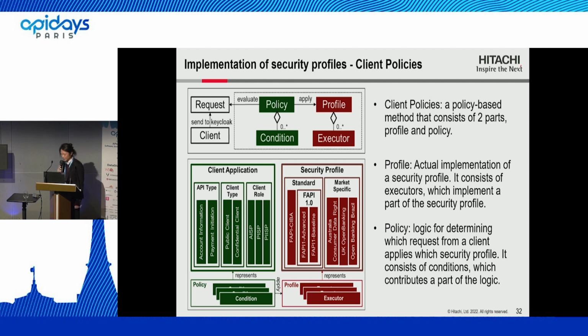Client policies is a policy-based method that consists of two parts, profile and policy. A profile is the actual implementation of security profiles like FAPI 1.0 baseline and FAPI 1.0 advanced, while a policy is logic for determining which request from the client application applies which security profiles.